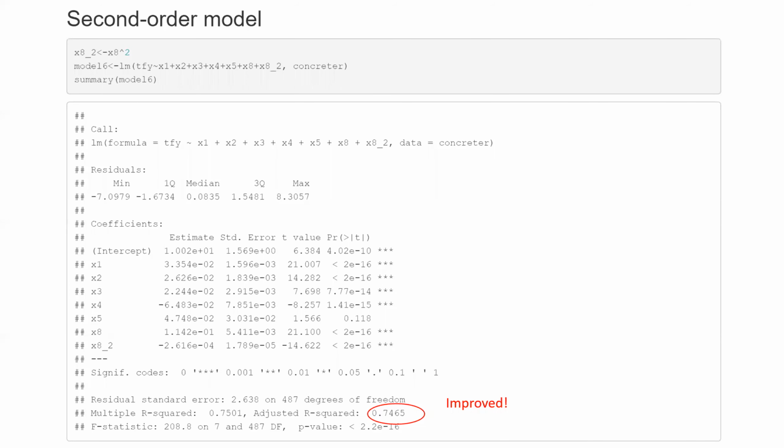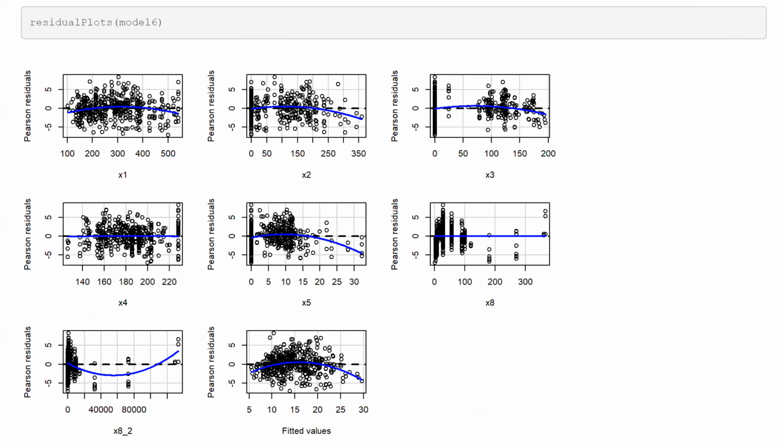So here we plot the model summary. We can see that the adjusted R squared is 0.74. It has been improved. And from the residual plots, the nonlinear shape has been improved.